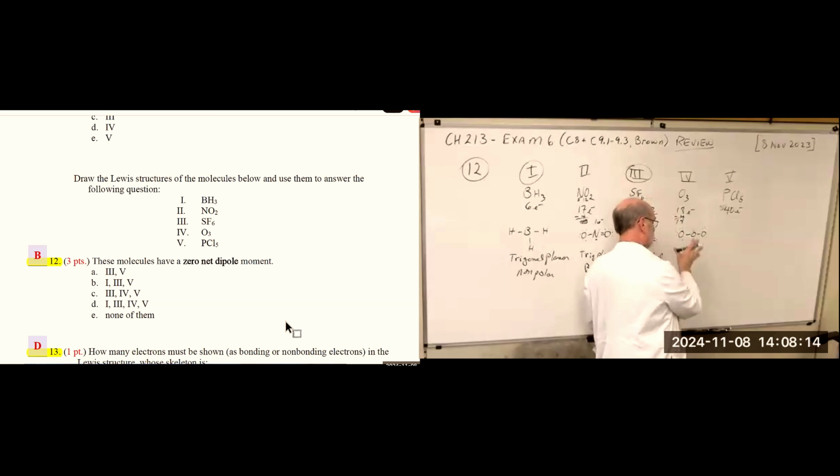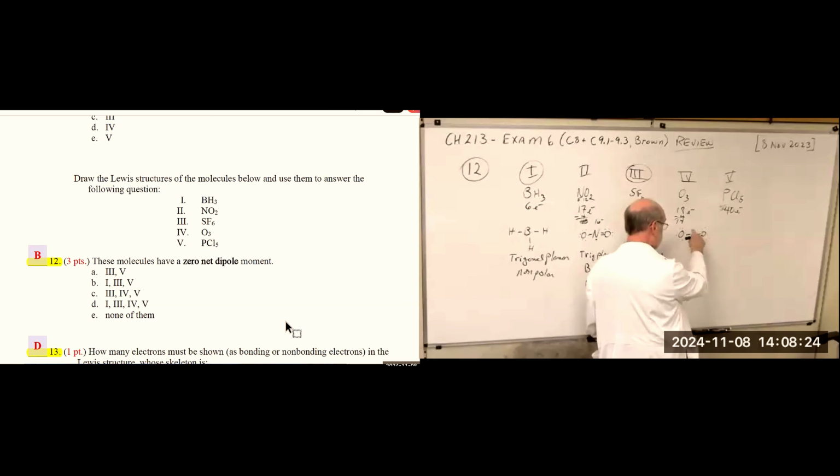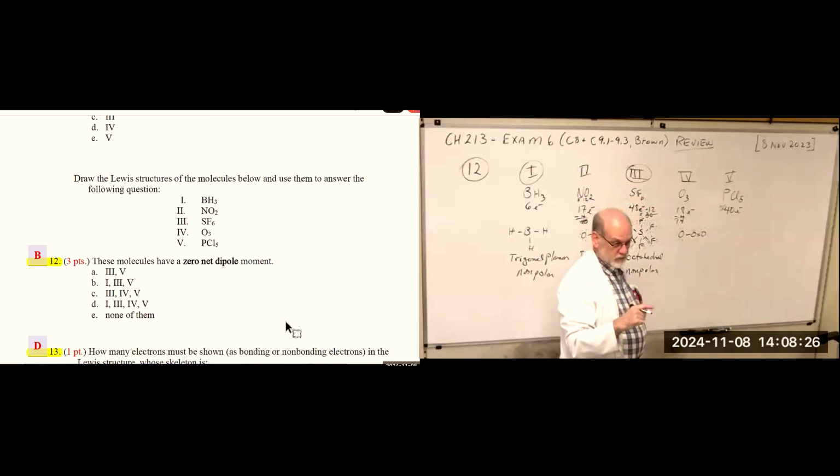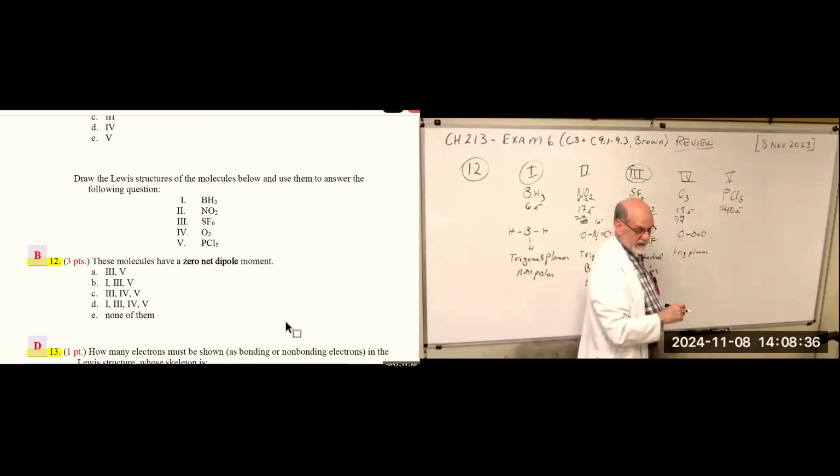And we want to make an octet. So we could either take it from this side or from the other side. For our purposes, it doesn't matter which one. So we've got 3 around that central atom. We have a trigonal planar electronic geometry, but a bent molecular geometry.